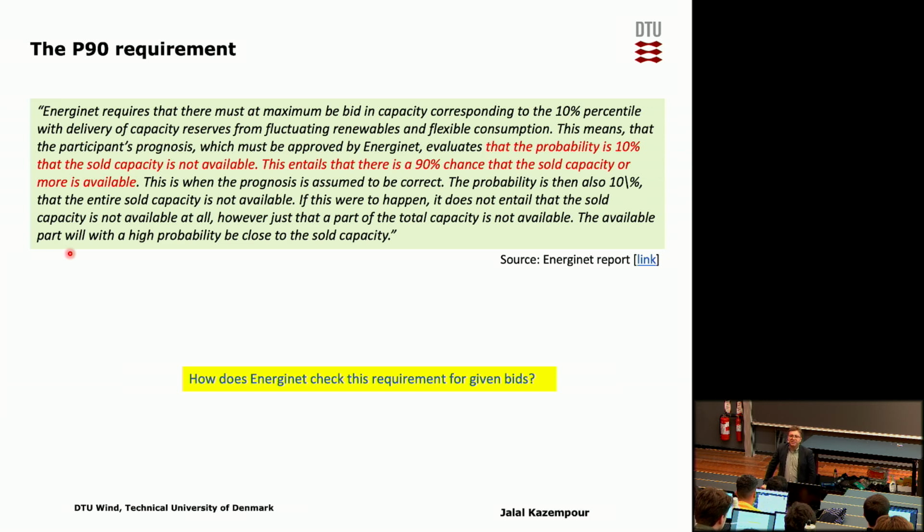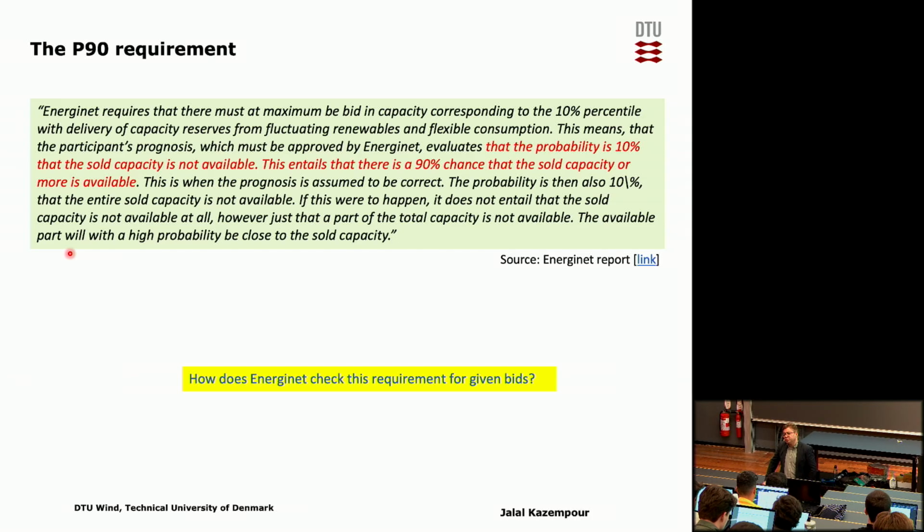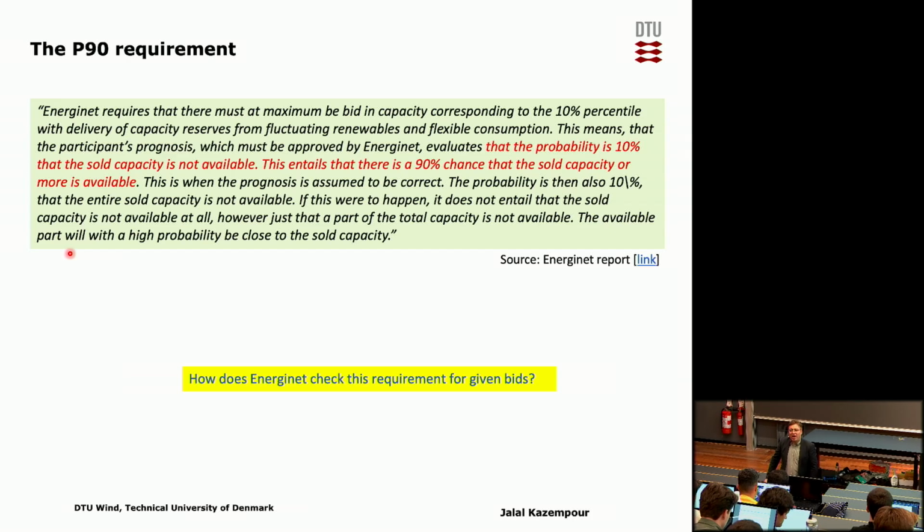And you say that, yeah, I follow the P90 requirement. Remember, we discussed that in the case of FCR-D, the activation is not often. Maybe the service is being activated, I don't know, a few times per year. So how can Energinet know that you are fulfilling P90? Is the question clear?